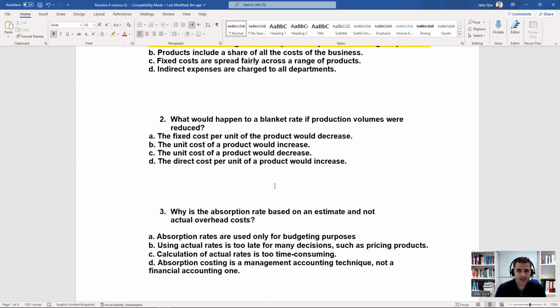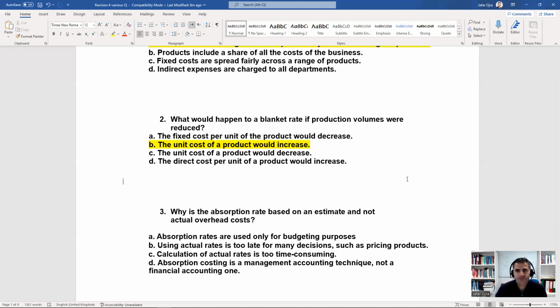So the answer would be B: the unit cost of a product would increase. Because total fixed costs are spread over fewer products, the unit cost will increase. Simple like that.